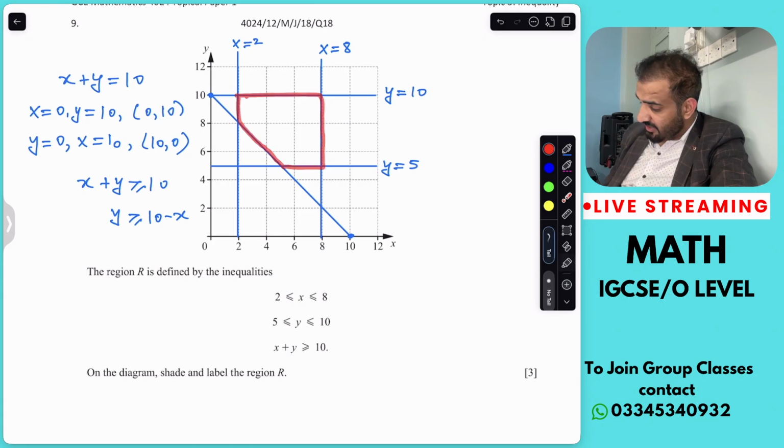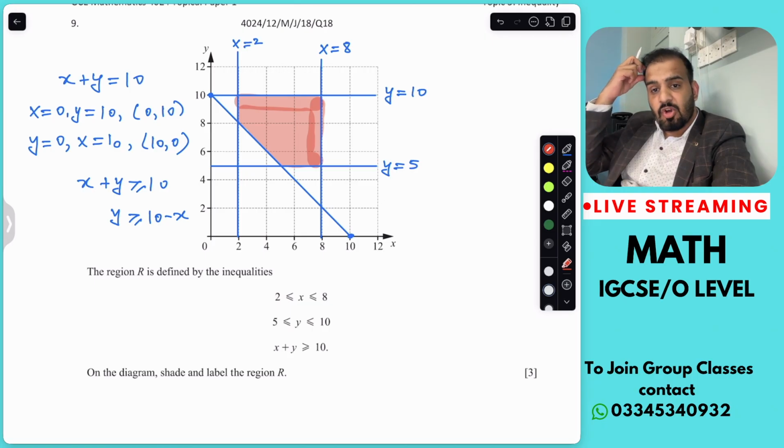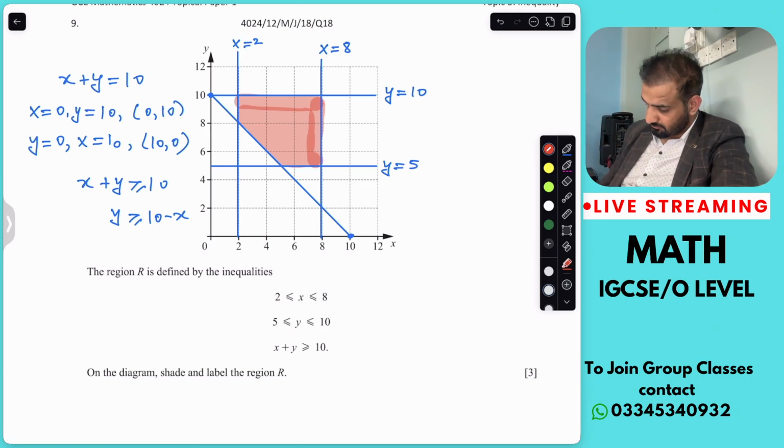This is your common shading, and it is right inside region R. That's it.